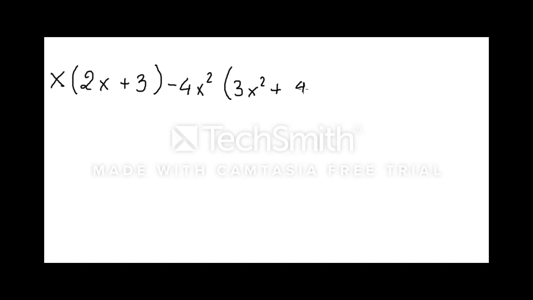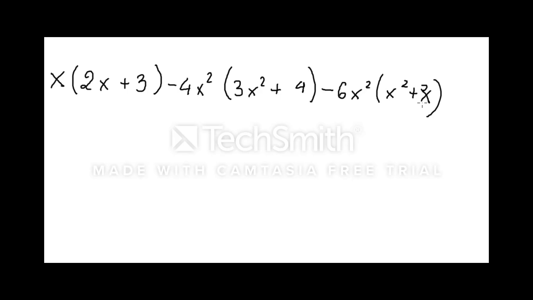Let's do another example here, maybe a little more complicated. x multiplied by 2x plus 3, then negative 4x squared multiplied by 3x squared plus 4. Let's even throw one more in, why not? So negative 6x squared multiplied by x squared plus x.